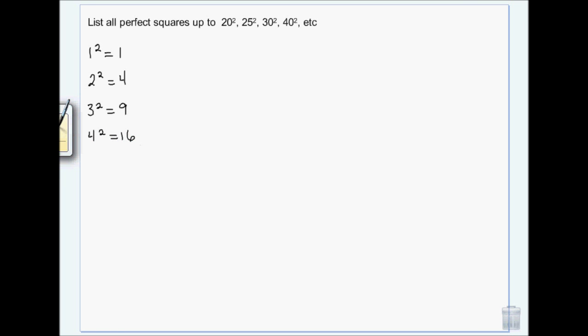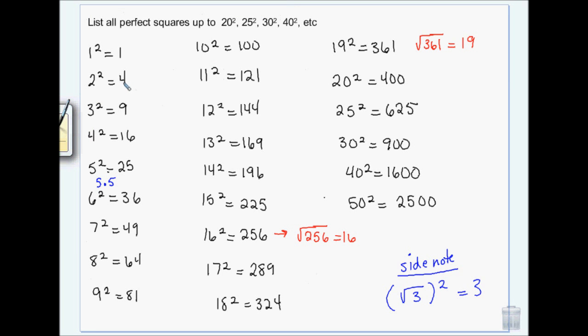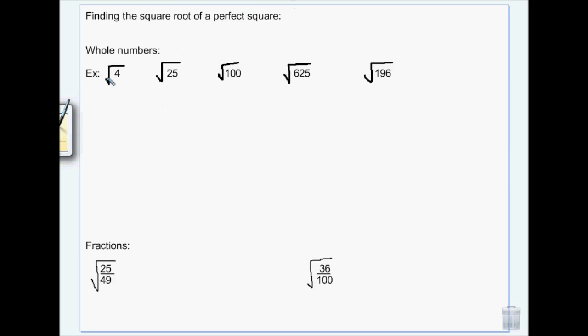Well, we know that 2 squared is 4, so the square root of 4 is 2. 5 squared is 25, so the square root of 25 is 5. Square root of 100 is 10.